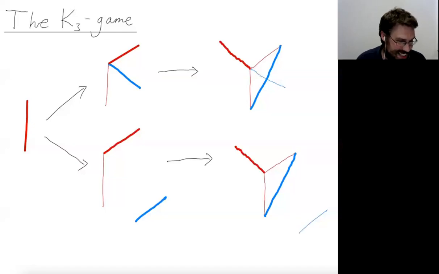And so we attacked it again. Flo had more clever ideas about how to deal with this. And we again convinced ourselves, okay, now we really have a winning strategy for the first player in the K4 game.